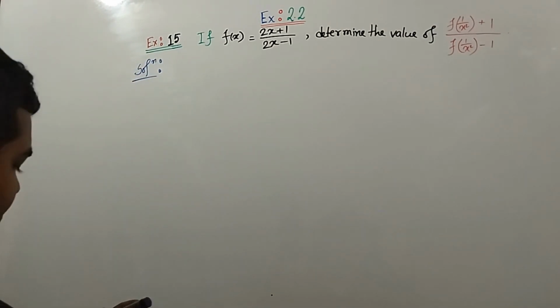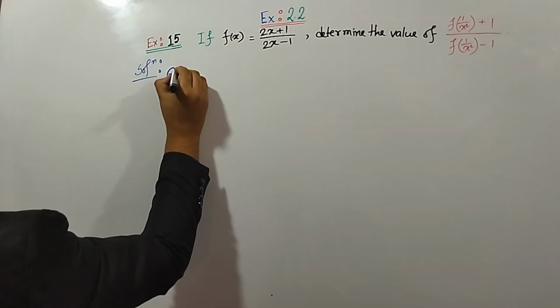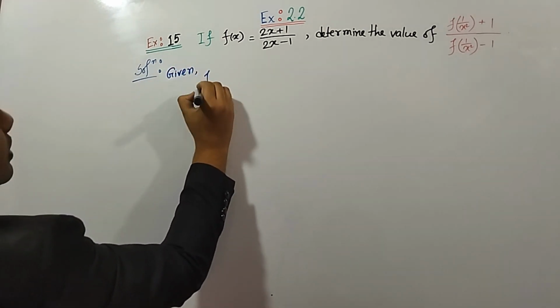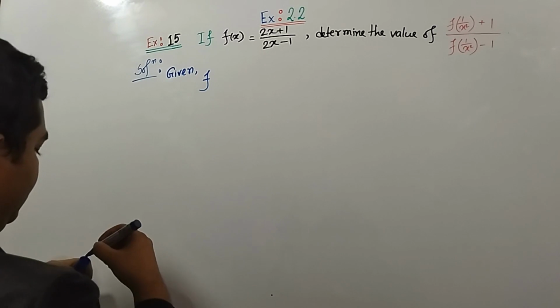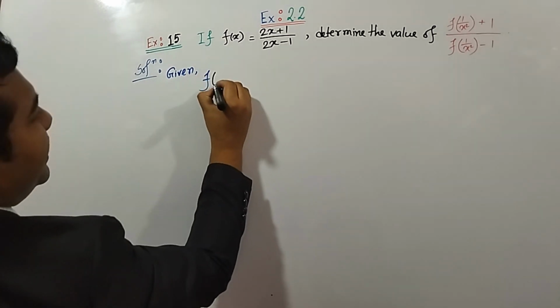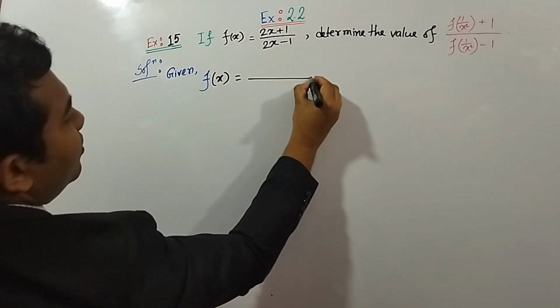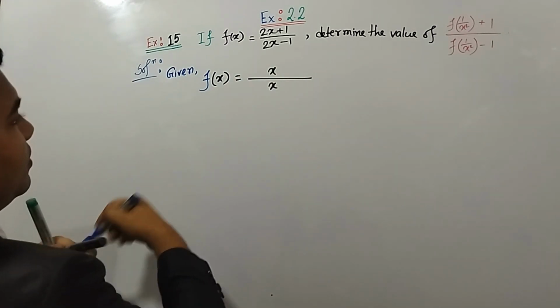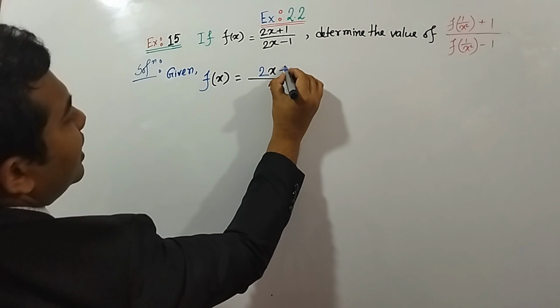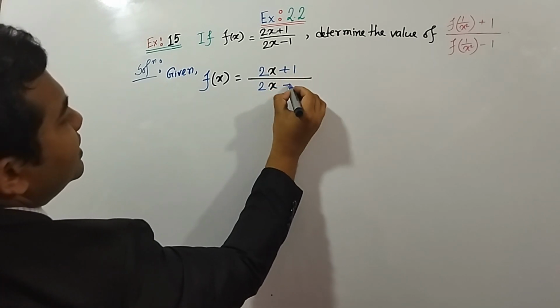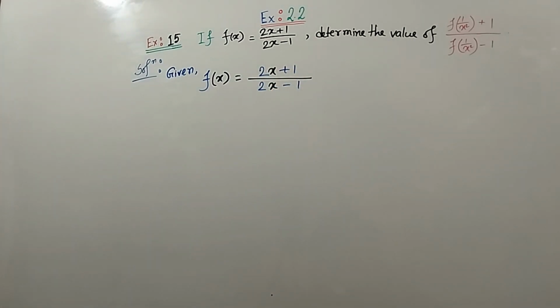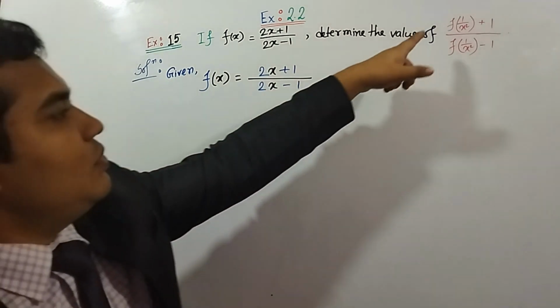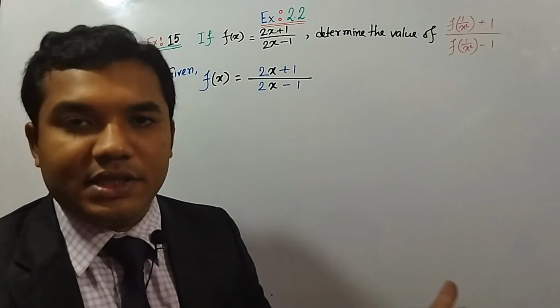So here the given thing is f of x equal 2x plus 1, 2x minus 1. That is given. So we have to convert x into 1 by x square. That's the conversion first.